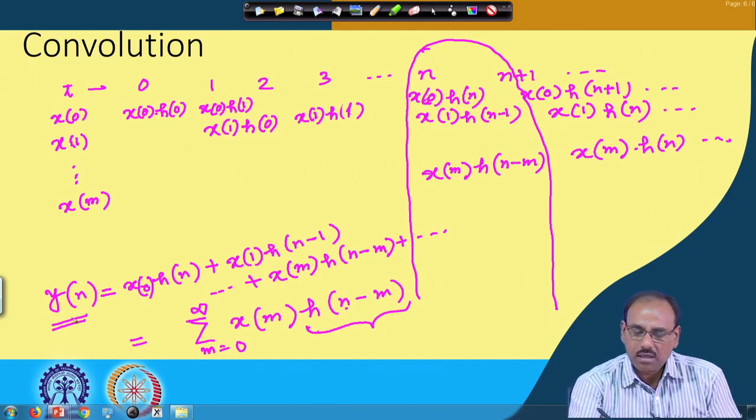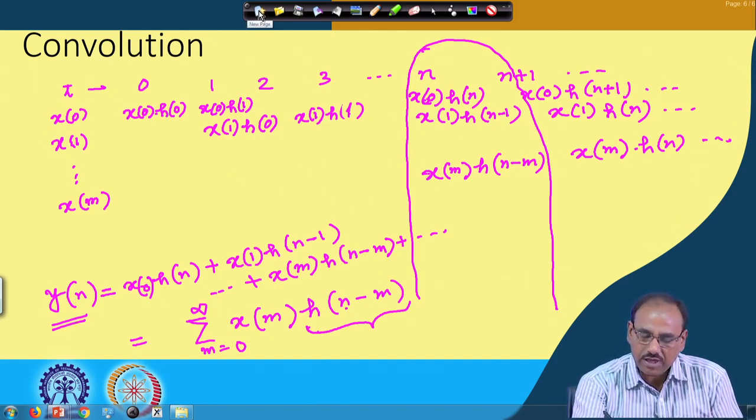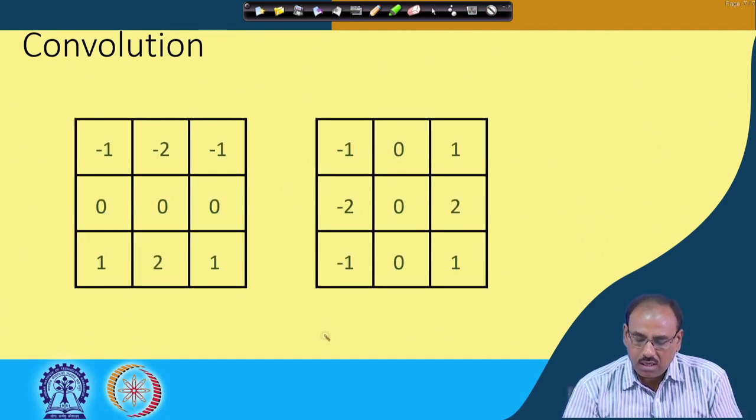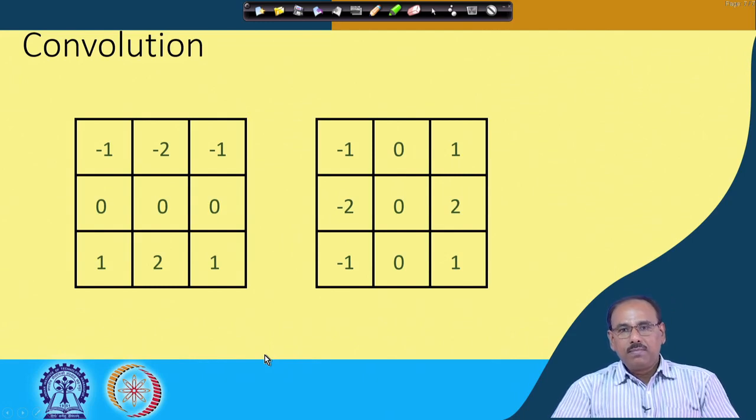So, let us see what this convolution actually gives you physically. Let me assume that in a spatial domain signal, in a two-dimensional case, suppose these are the impulse responses of a linear space invariant system, because we are talking about images.